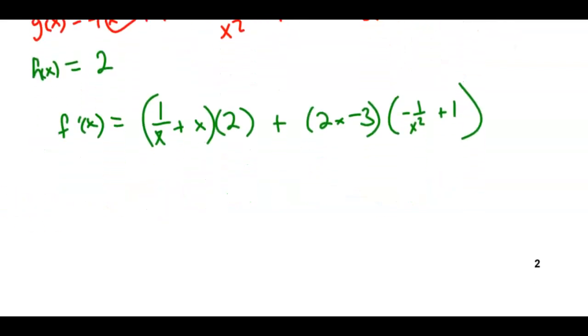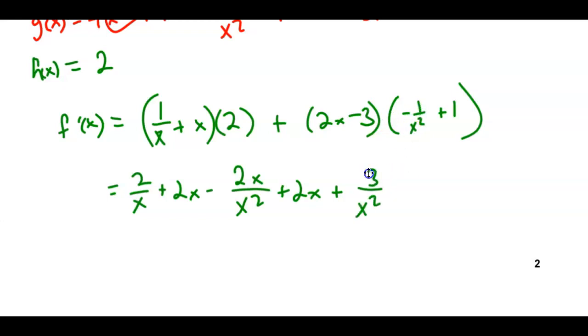So now we have 2 over x plus 2x, right? Distribute the 2. And then right here, 2x times negative 1 over x squared becomes a negative 2x over x squared. All right, plus 2x plus, right here, negative 3 times a negative 1 is 3. And then negative times positive is negative 3.